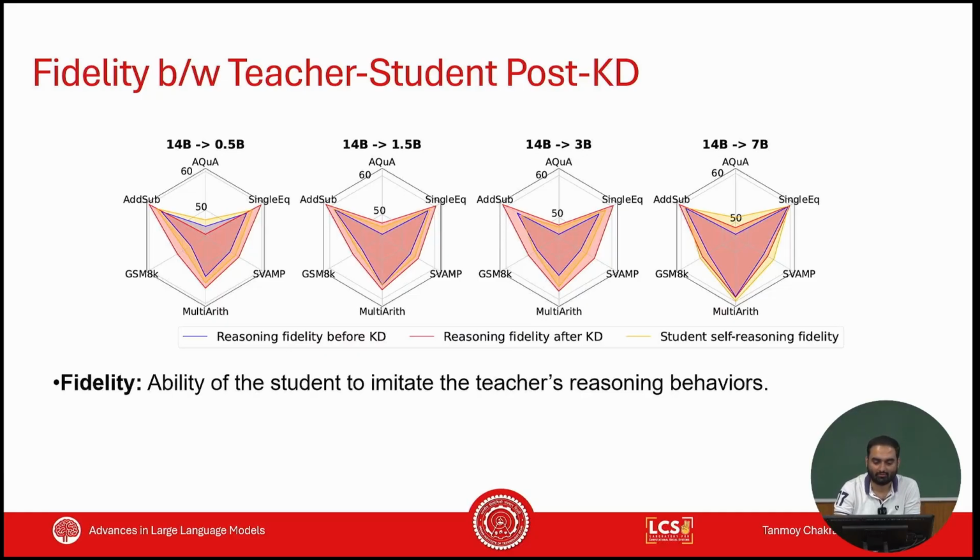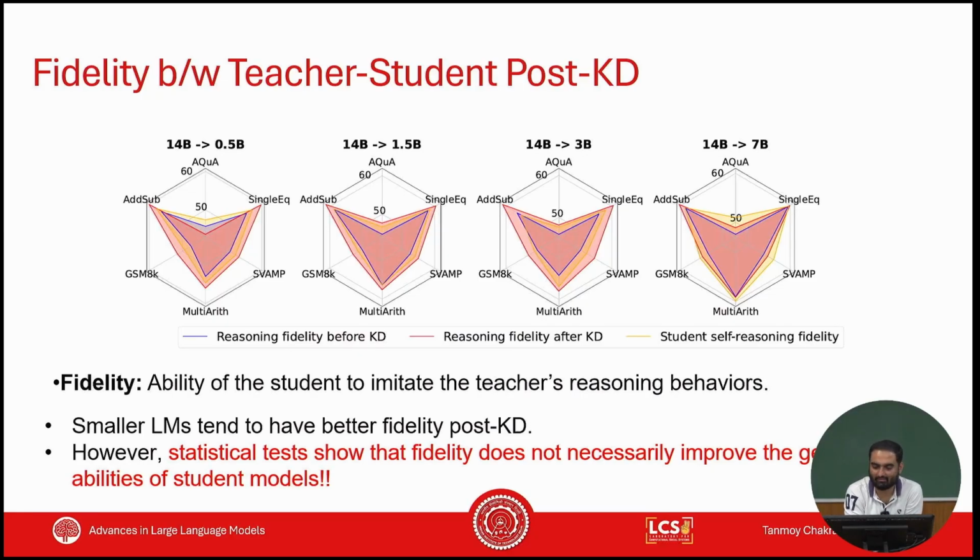Very interestingly, it may happen that the agreement is very high, meaning the final output is the same, but the steps are different. The other way around can also happen, meaning the steps are the same, but the final outputs are different. Meaning at this last stage, maybe the model makes some mistakes.